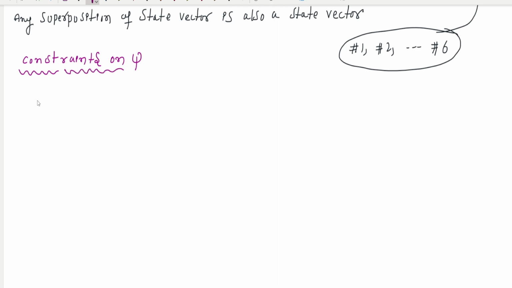Here is the first constraint: the wave function psi is well defined and well behaved.